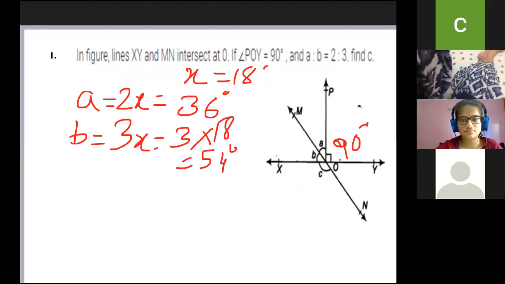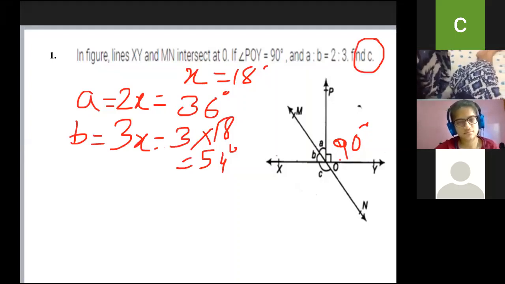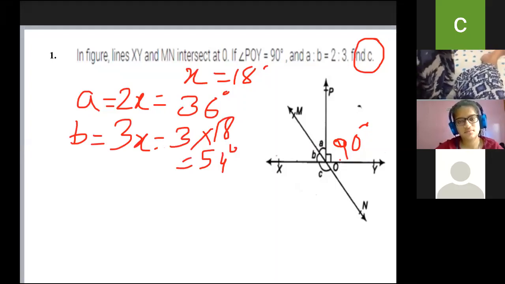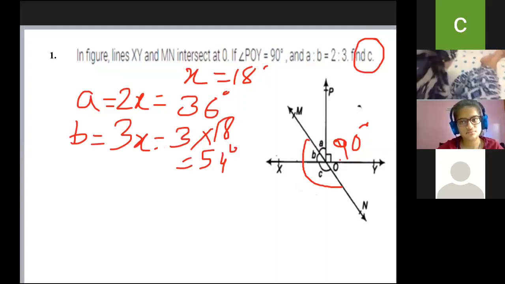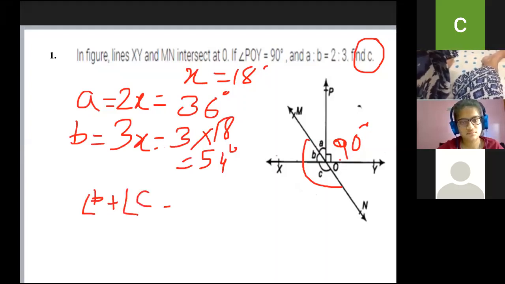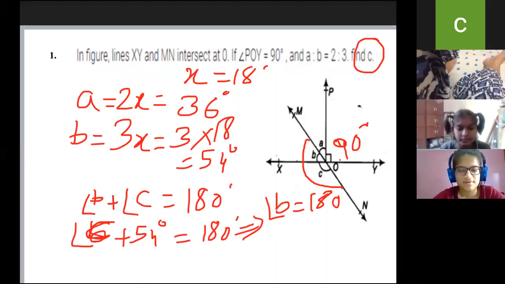But they're asking us to find the value of C, not A and B. So how to find the value of C? If you observe, children, angle B and angle C together form a straight angle, or you can say the linear pair axiom. By the linear pair axiom, angle B plus angle C equals 180 degrees.